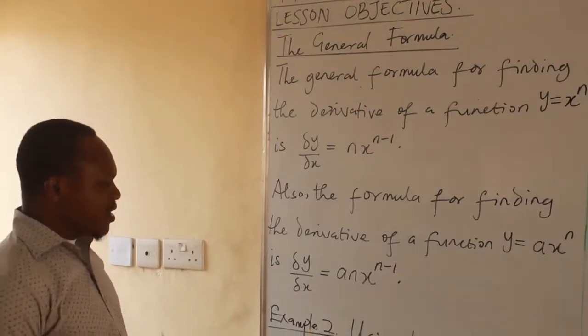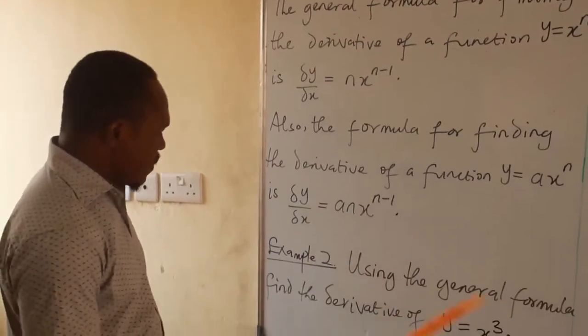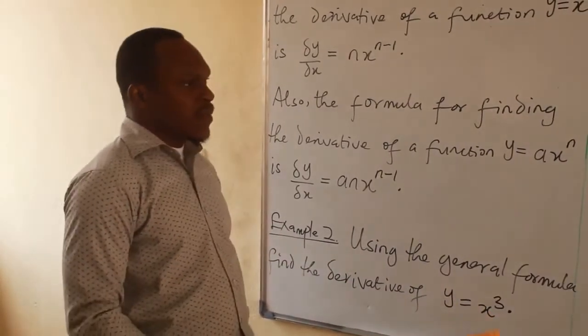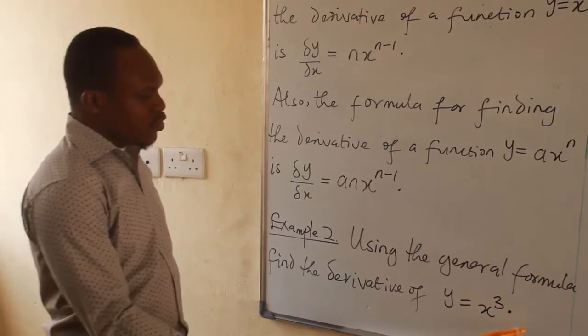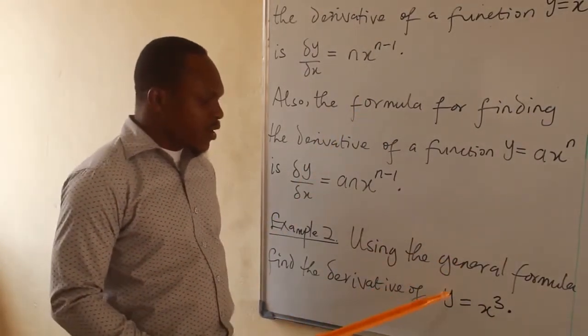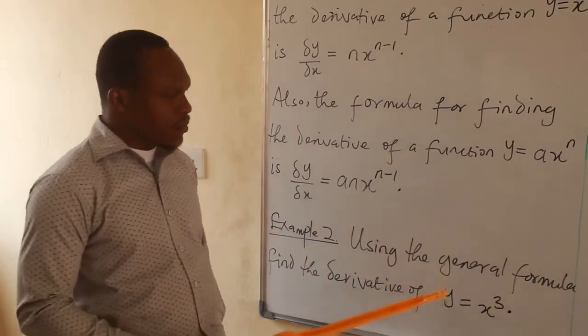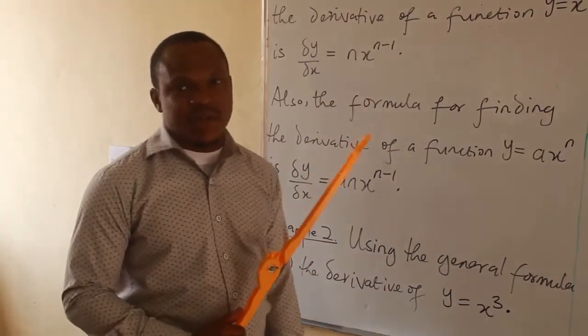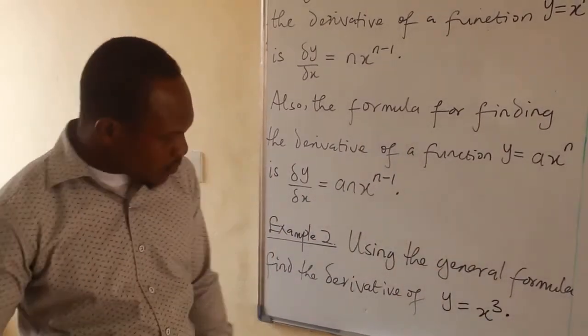Now, example 2 says, using the general formula, find the derivative of the function y is equal to x power 3. If you remember, this is the function we used to solve in the first example. So we are going to try to use the formula method to see if we get the same value as what we got using first principles.